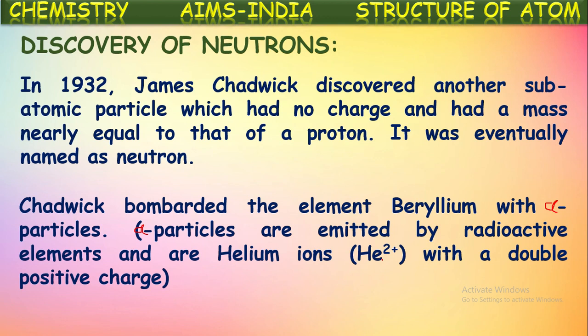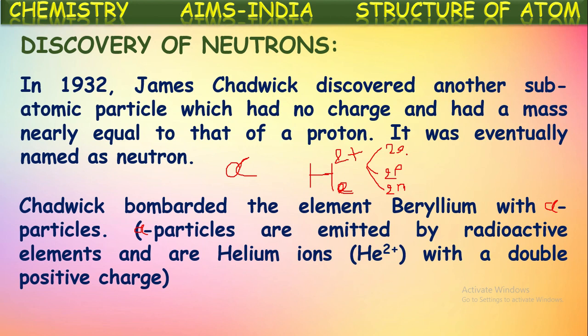Alpha particles are emitted by radioactive elements and are helium ions with a double positive charge. Alpha particle means a particle with 2 units of positive charge, which can be represented like this, He2+. We know helium has 2 electrons, 2 protons and 2 neutrons.